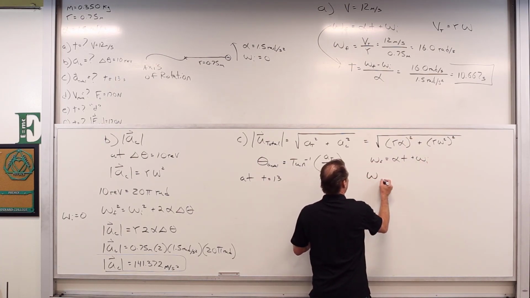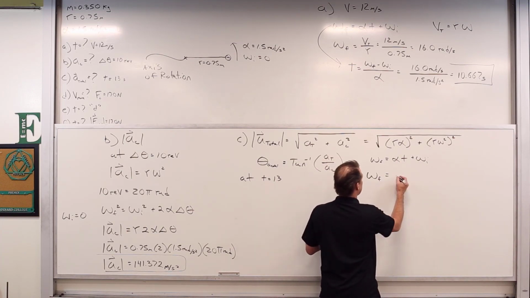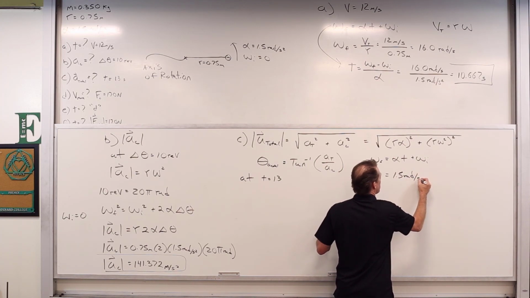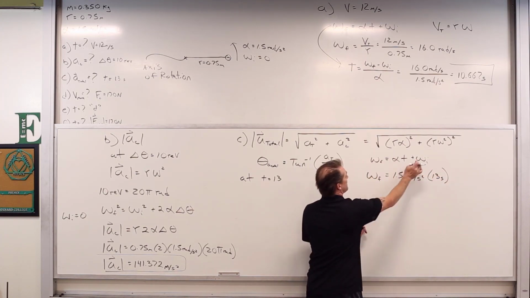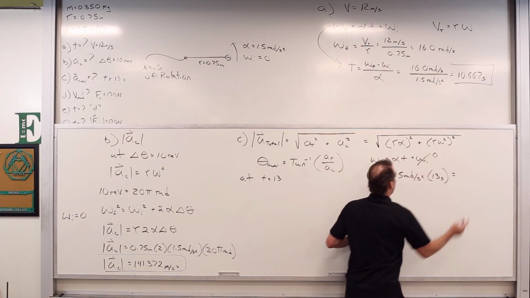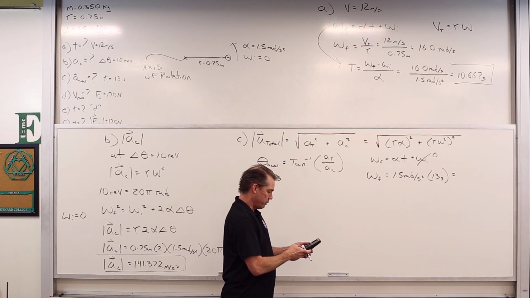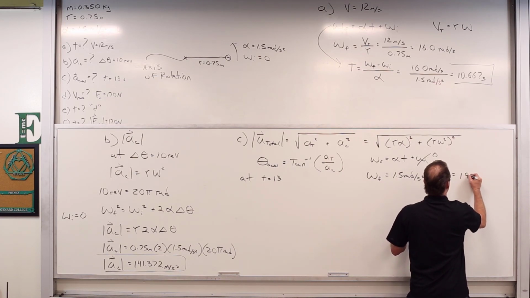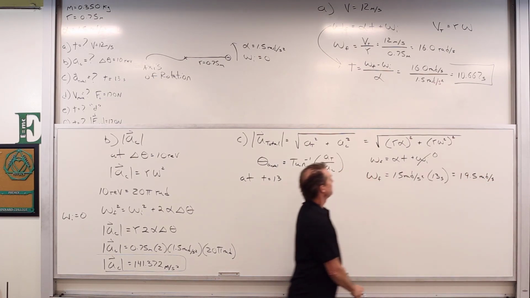So omega final at t equal to 13 seconds is equal to 1.5 radians per second squared multiplied by 13 seconds plus 0. And we get that the final angular speed of this object after 13 seconds, 1.5 times 13, is 19.5 radians per second.